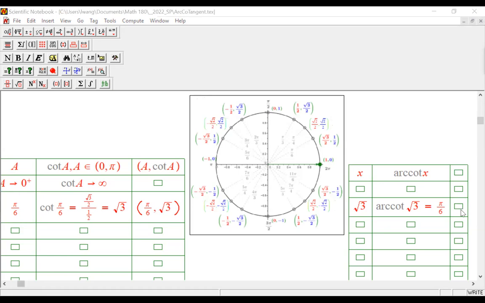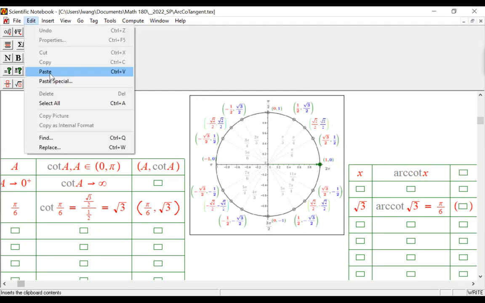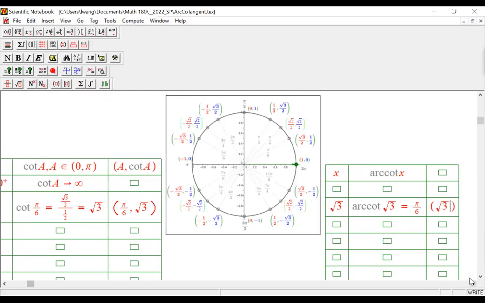Okay, so we continue this process and then we get the points for ArcCoTangent, where √3 is the input and the output is the angle.